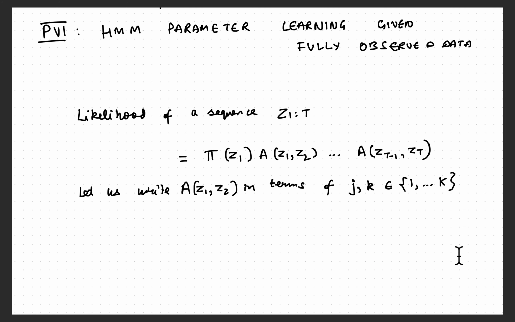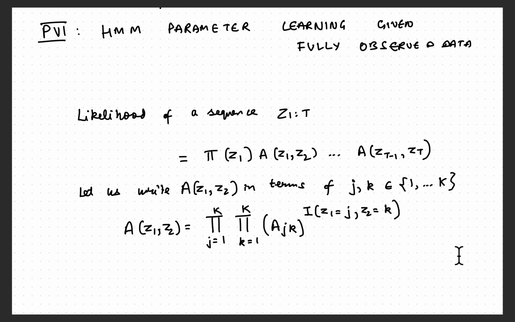So if we have to write a z1 z2 in terms of j comma k, where both of them belong to 1 through capital K, we could write it as a product of ajk raised to power identity where z1 is j and z2 equal to k are again the actual states, and this is multiplied over all j's and all k's.